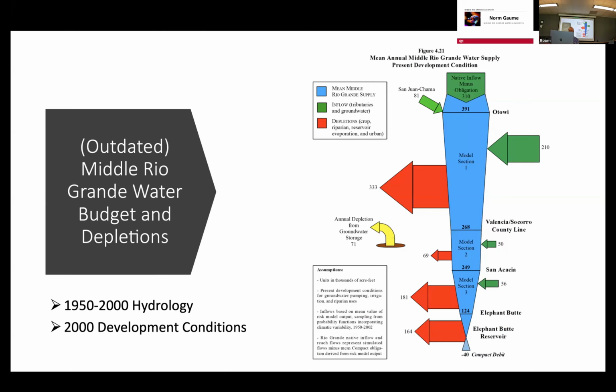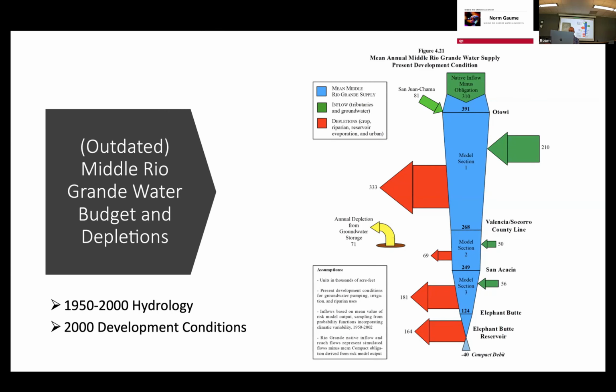So this is the theoretical budget on average. In addition to that, this area right here depicts 71,000 acre feet of depletions of stored groundwater. The way the river hydrology works, gravity pays the aquifer back. It does it slowly, but it does it inexorably. And over time, every gallon of water pumped from the aquifer will be recharged by the river over great periods of time.